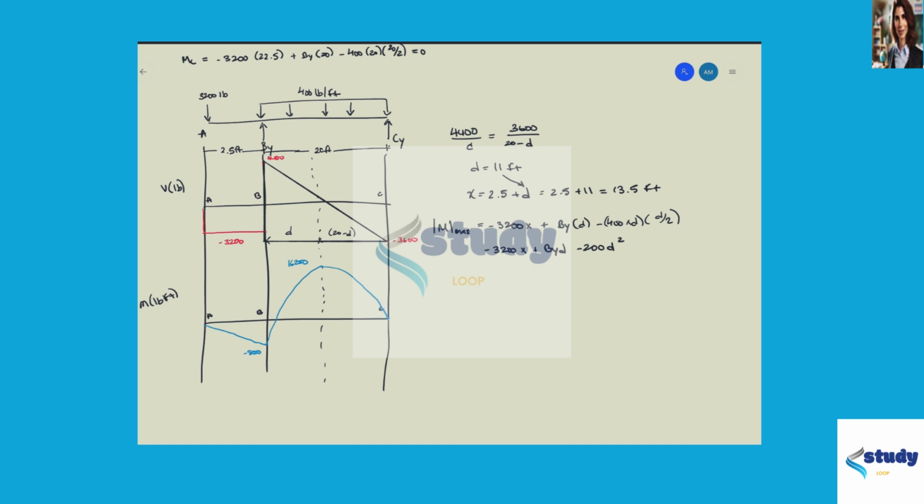Once you substitute 13.5 feet and 11 feet, we get 16,200 pound-foot. And that's our magnitude of maximum bending moment.